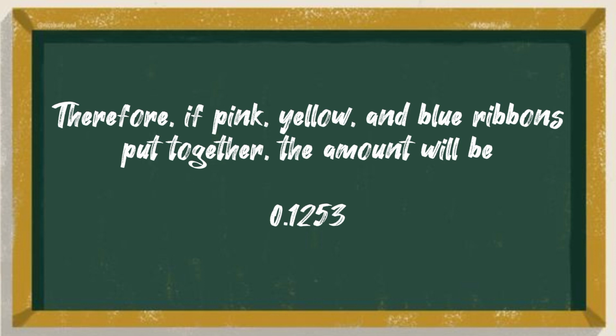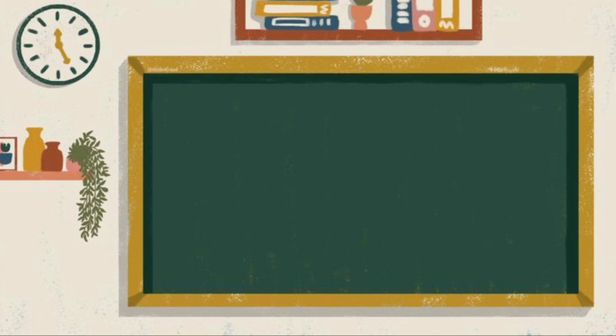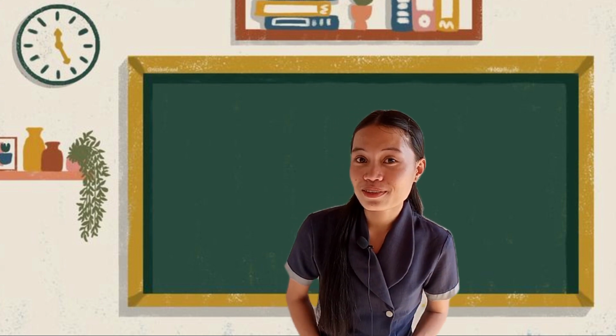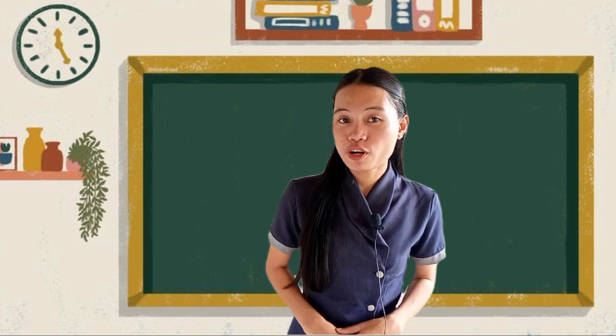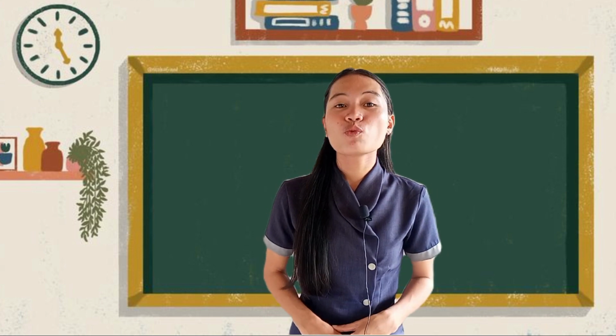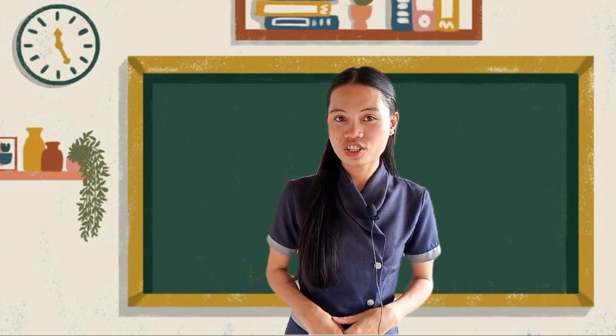Therefore, if the pink, yellow, and blue ribbons are put together, the total is 1,253 10,000ths. It was easy, right? Let us first discuss the difference between addition and subtraction.